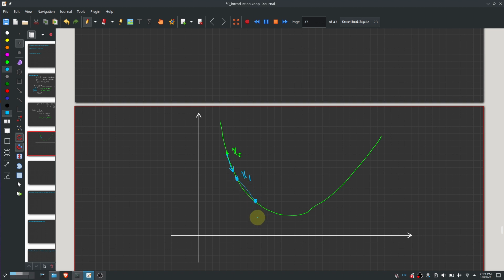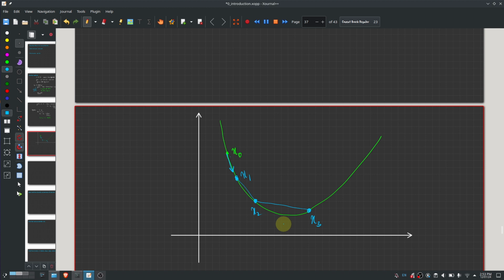So maybe I move to x2 and once again I do the same. Maybe this is where x3 lies. Now what is the derivative at this point going to be? Positive, right? So if the derivative is positive, x4 is going to lie on the left hand side or right hand side?